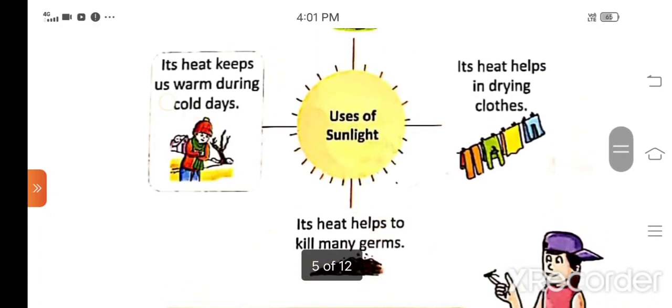Last, its heat keeps us warm during cold days. During the winter season, we feel very cold. So at that time, everyone wants to sit in the sunshine, so that we could keep ourselves warm.